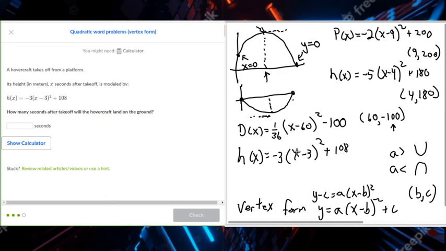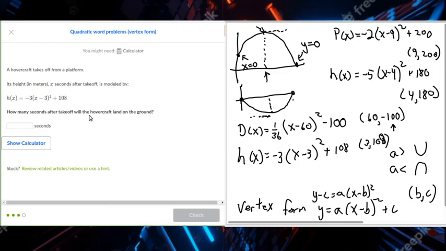So we can see a is negative 3, so it's opening down, and our vertex is going to be at (3, 108). So at 3 seconds, it is going to be 108 meters high.